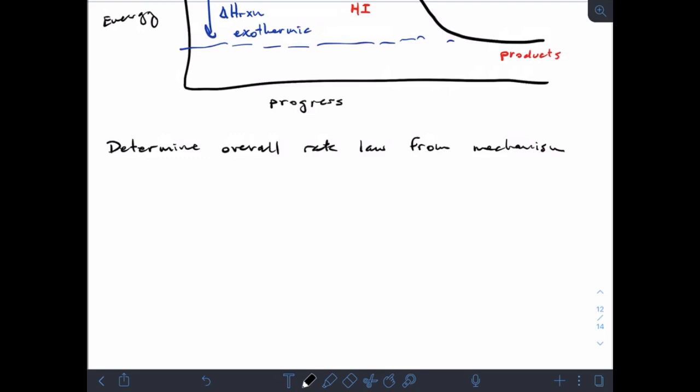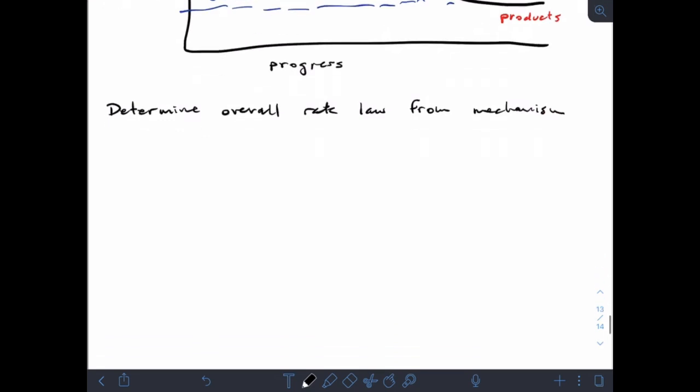Okay. So important things to keep in mind. The rate is controlled by the slow step. And therefore, the rate law for the overall reaction is also the rate law for the slow step.